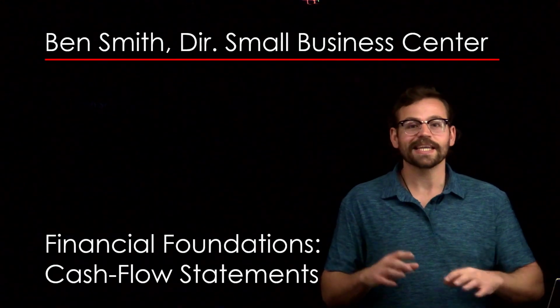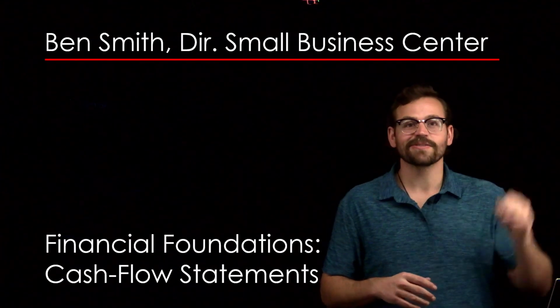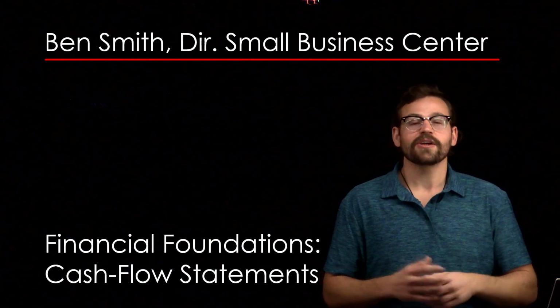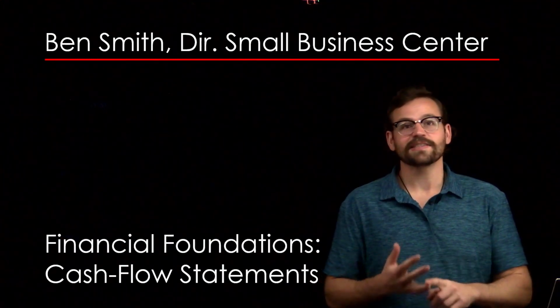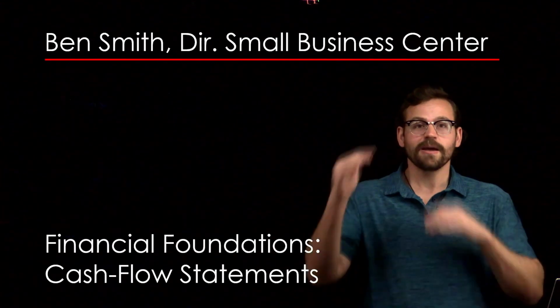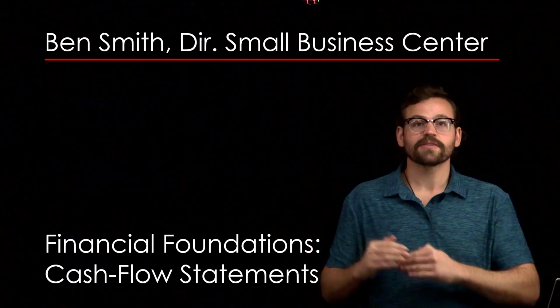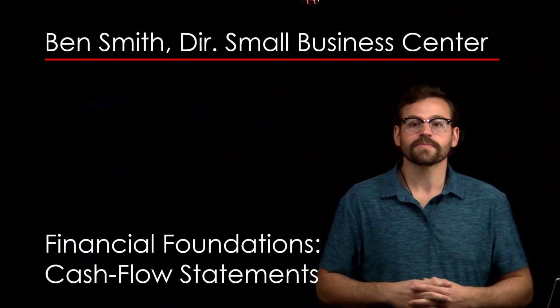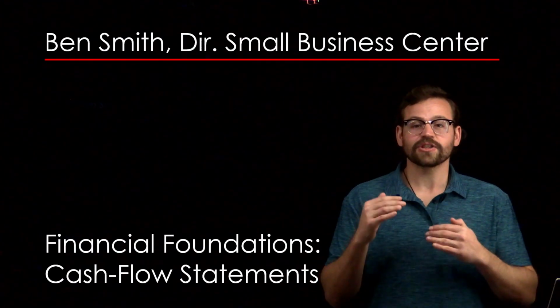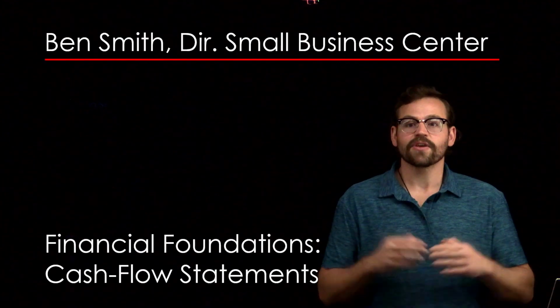Breaking it down, we've got three different sections here: your operating activities, your investing activities, and your financing activities. Those different aspects are represented on your cash flow statement.